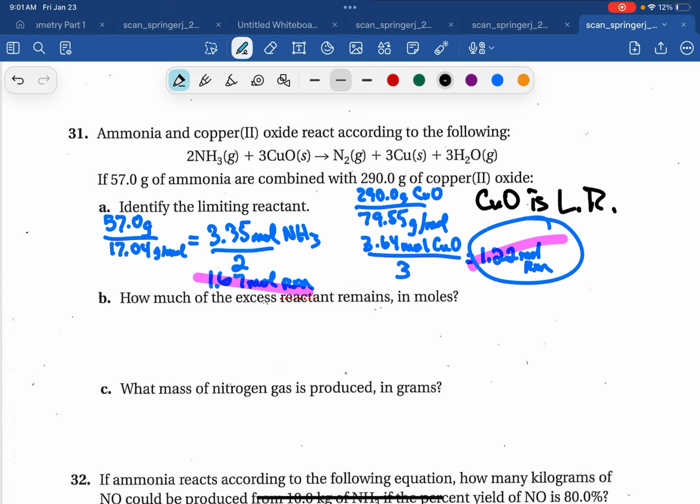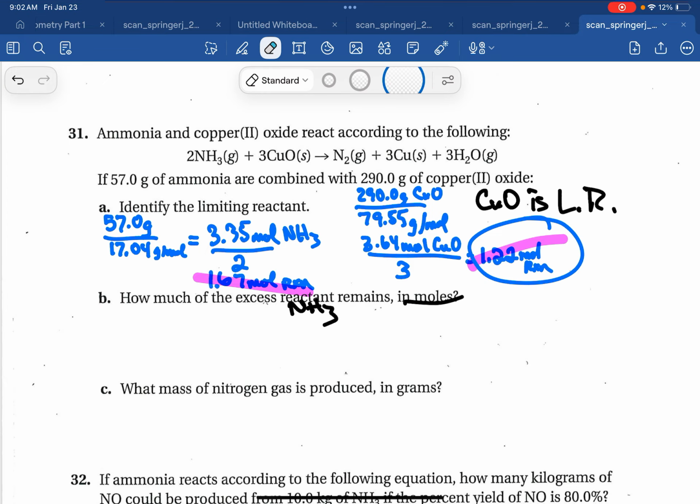Okay, so how much of the excess, which would be the NH3, remains in moles? We want it in moles. So what I would recommend is I'm going to start with the 3.64 moles right here.